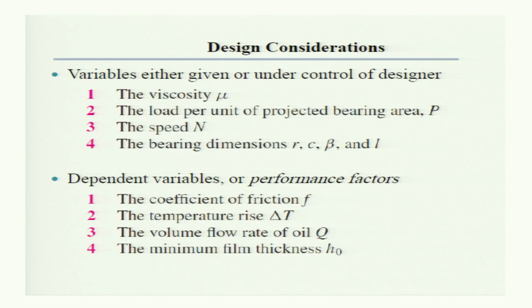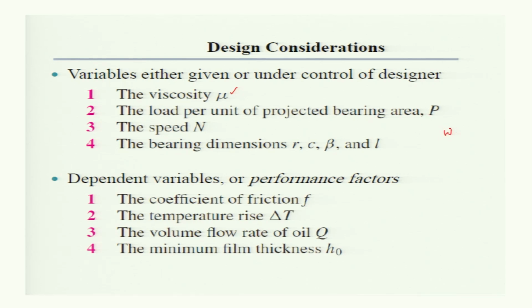Now, the design considerations. The variables either given or under control of the designer are the viscosity mu, because the lubricant which you can take is under your control. The load per unit projected bearing area P, that the W is not in your control.